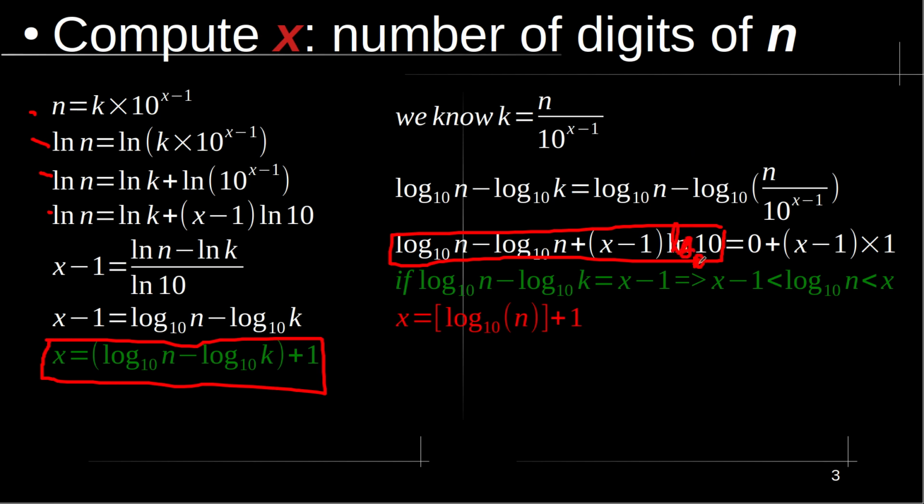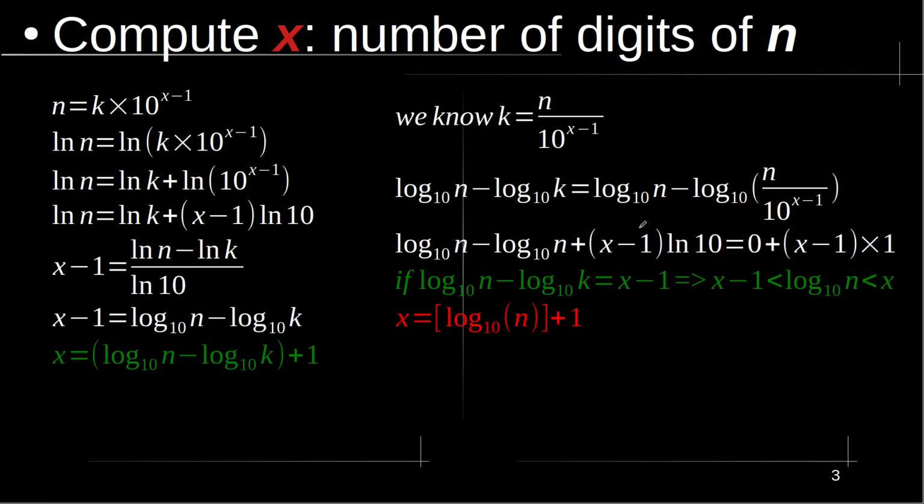Which gave me 0 plus x minus 1 is equal to x minus 1 times 1. This gives me 1 here. The formula is correct: x minus 1 is equal to x minus 1.